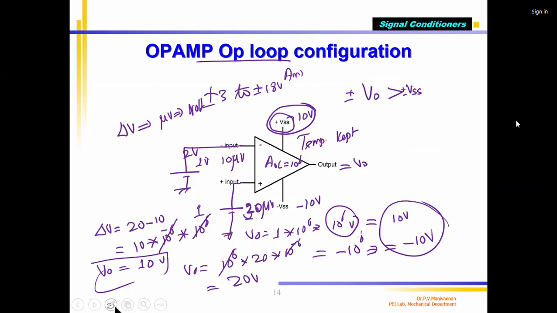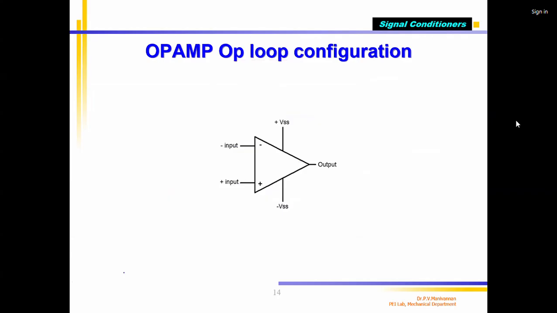So from this, what do you understand? My input voltage in open loop configuration is generally limited to microvolts, nanovolts only. For example, if I have a temperature sensor, and the temperature varies 0 to 500 degrees centigrade, my sensor should produce 0 to maybe 10 microvolts only.